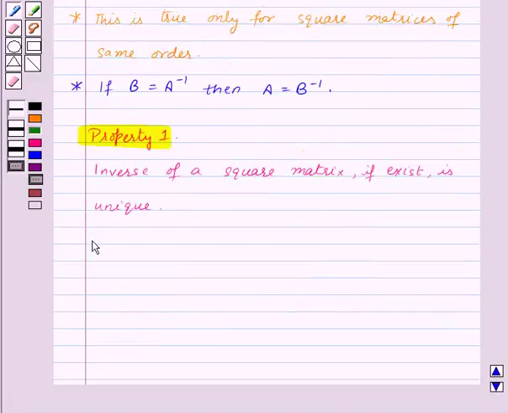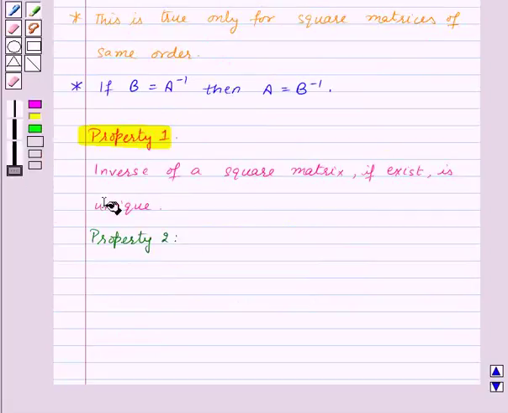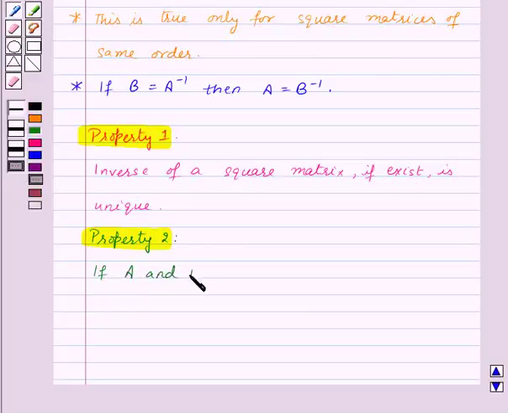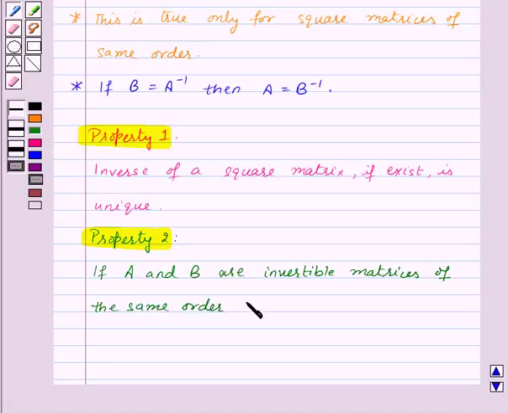And the second property is, if A and B are invertible matrices of the same order, then A into B inverse is equal to B inverse into A inverse.